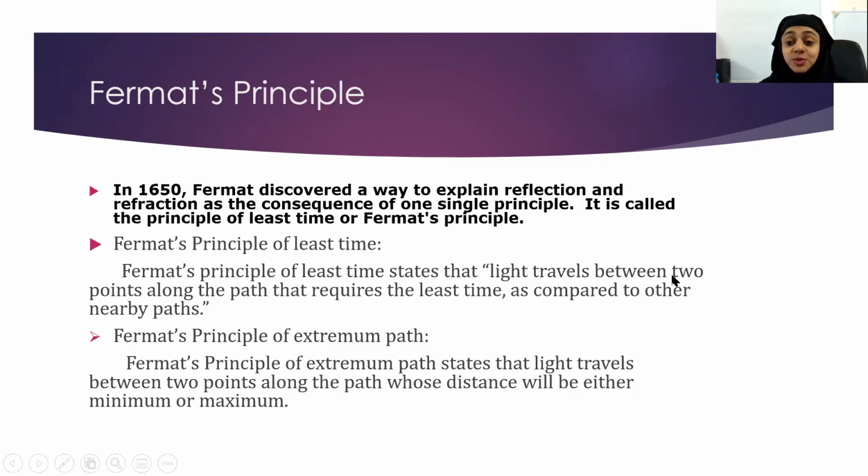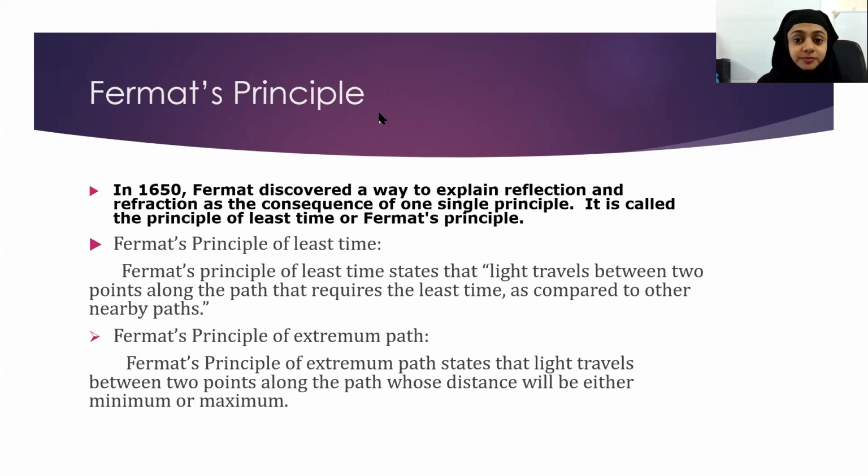So light travels between two points along the path that requires the least time as compared to nearby paths. This clearly explains rectilinear propagation of light. So in vacuum, light would travel in a straight line.